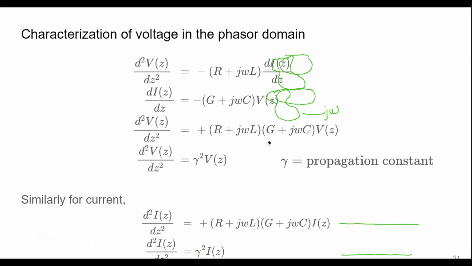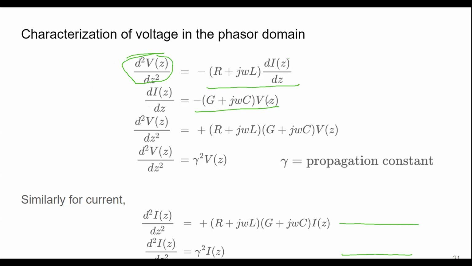Now we take the derivative of the equation that we have with respect to z on both sides. We take the second derivative of the voltage with respect to position, and it will be equal to this expression, R plus j omega L into dIz over dz. Similarly, we can use the previous equation that we got for dIz over dz, and substitute that in here.